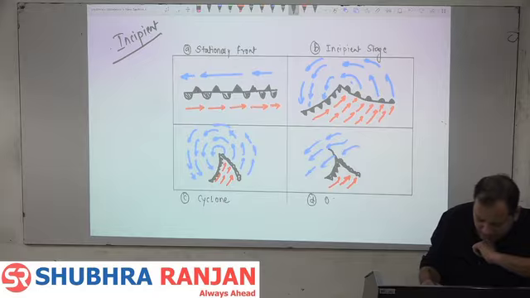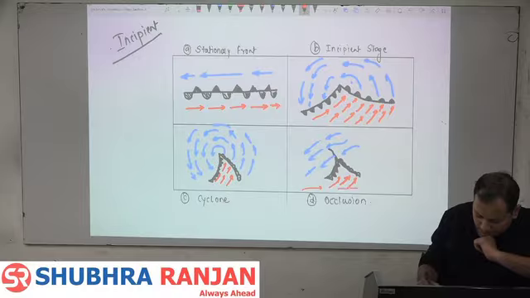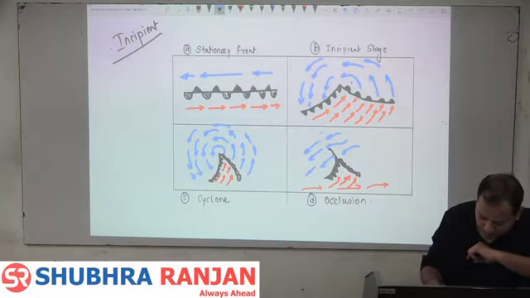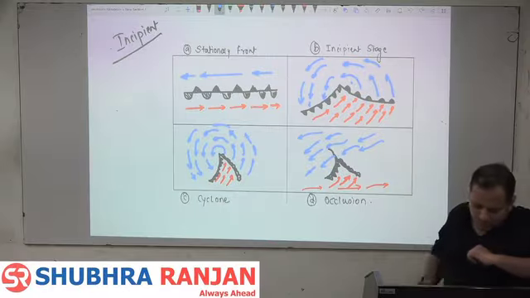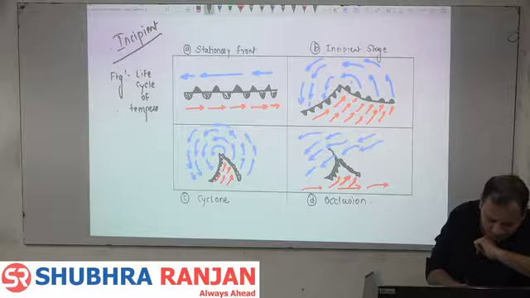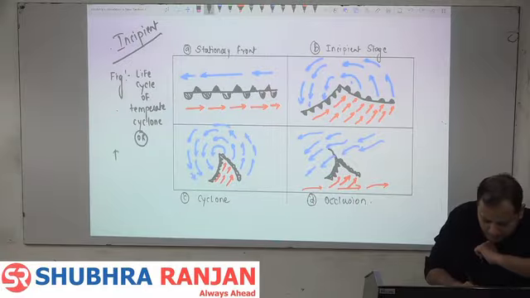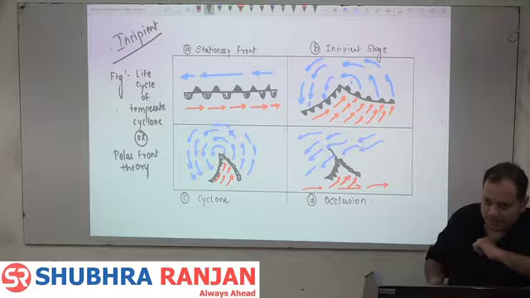Stage D is occlusion. तो फिर से यहाँ से स्टेशनरी फ्रंट एंड ऐसे बनेगा. कभी कभी क्वेश्चन इनडायरेक्टली आता है as a life cycle of a temperate cyclone.